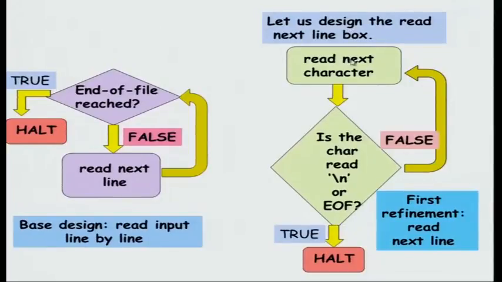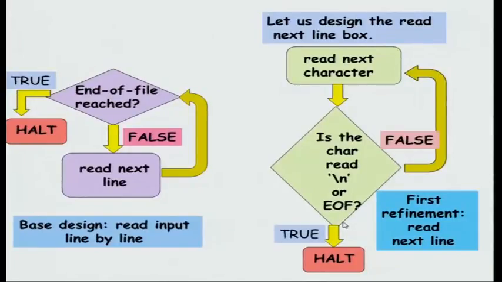In the read next line box, first you read a character and then you check whether the character read is a new line character. That means that the user has pressed enter. So, the line has ended at that point, or the user can enter a bunch of characters and instead of pressing enter, press Control D. Okay. So, the user can enter end of file.